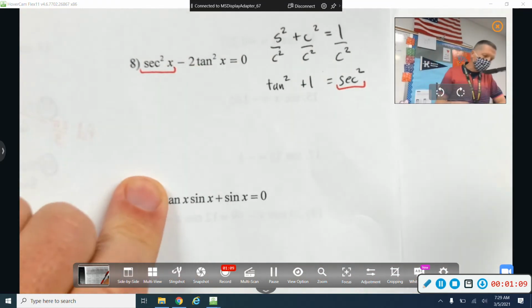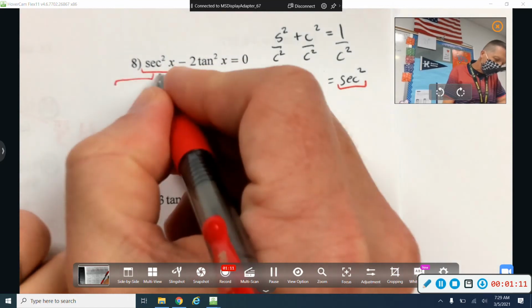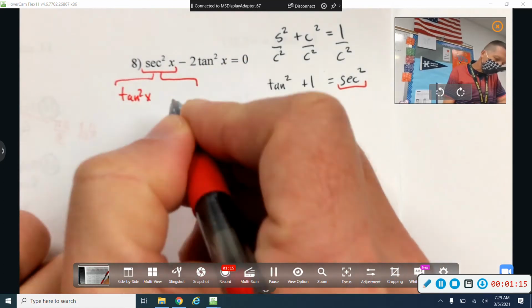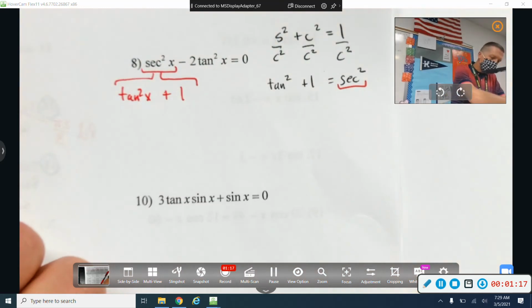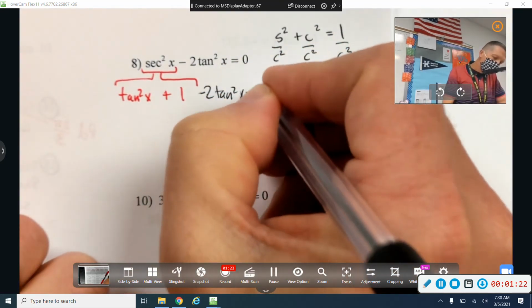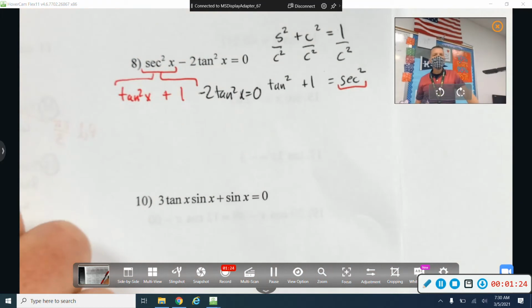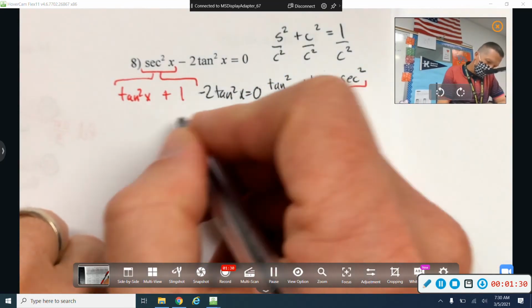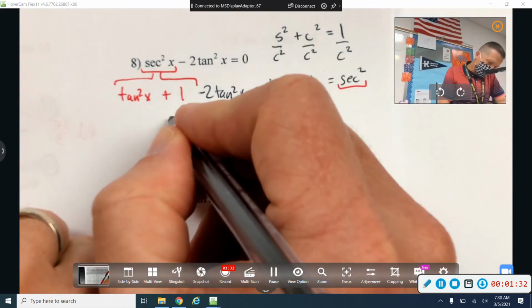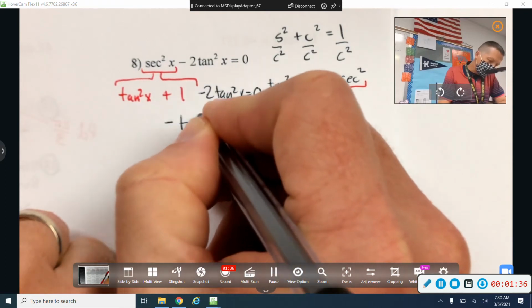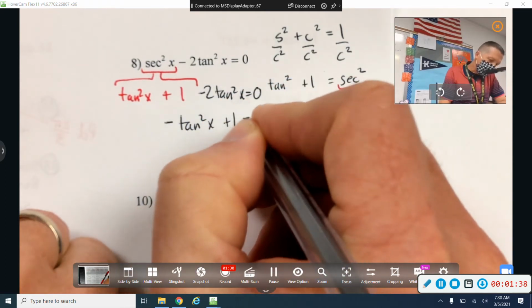So it's probably easiest to just replace secant squared with tangent squared x plus 1. Let's combine like terms, and I get negative tangent squared x plus 1 equals 0.